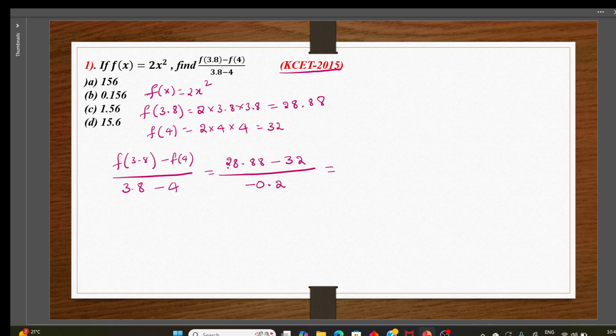The numerator 28.88 minus 32 gives minus 3.12, by minus 0.2.